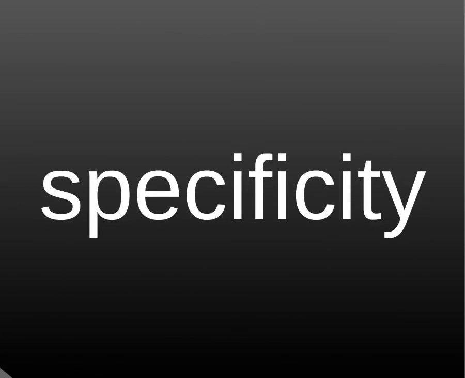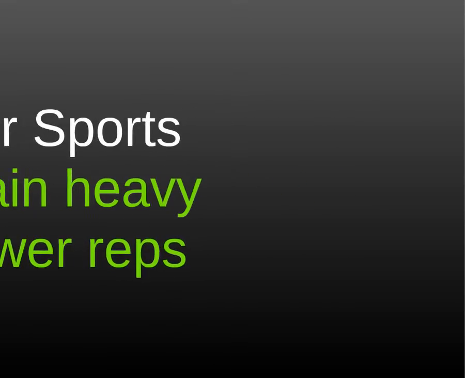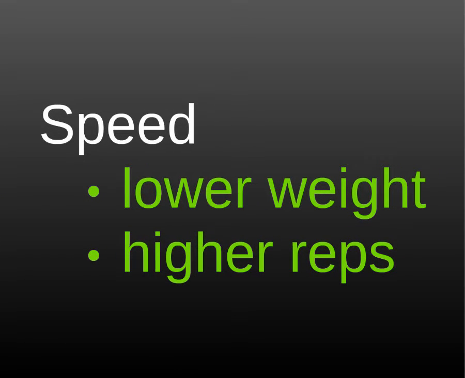This is where specificity becomes important in determining what is required in the athlete's sport. In sports where athletes must overcome significant weight, such as pushing in a scrum and weightlifting or power type sports, then training heavy with low repetitions would be more appropriate. In sports where speed is crucial, then training low weight and more repetitions done quickly is important.